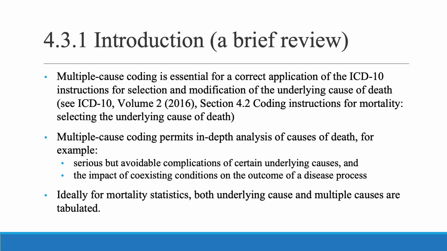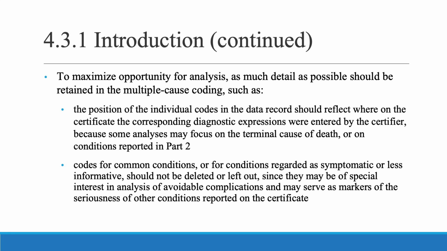Besides enabling the classification process or the cause of death coding process, multiple cause codes can in fact enhance mortality data beyond the tabulation of a single underlying cause. Still doing a review of the introduction we covered in the last session. This slide tells us that to maximize opportunity for analysis, as much detail as possible should be retained in the multiple cause coding.